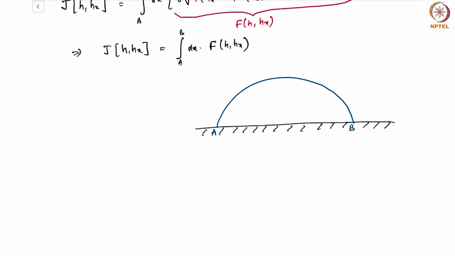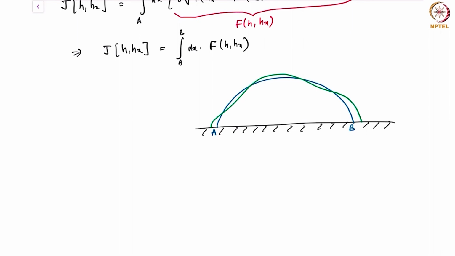Now, you could have variations to this functional if there are variations to the interface position. Let's say the interface is perturbed, or I look at a variation of this interface position like this.